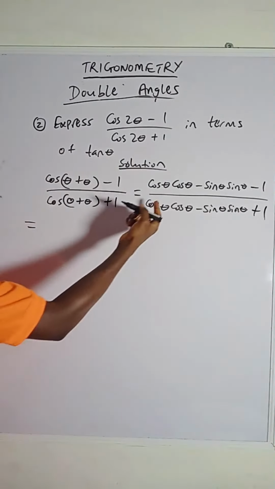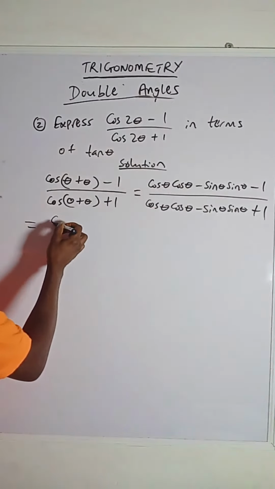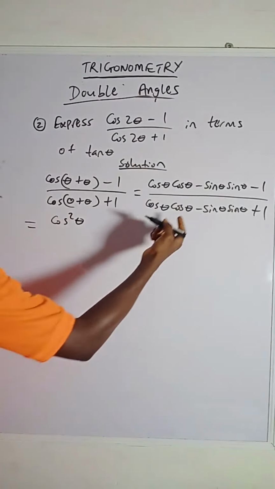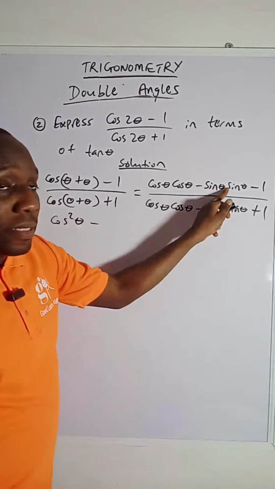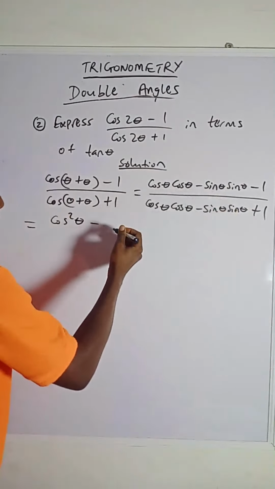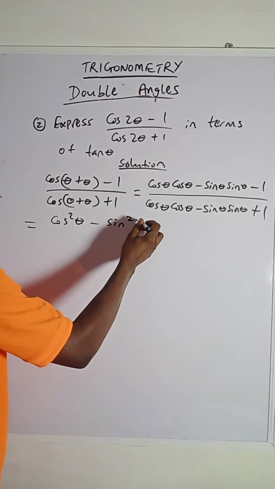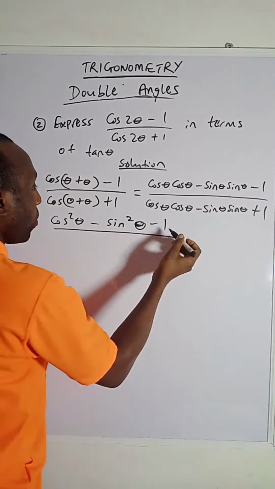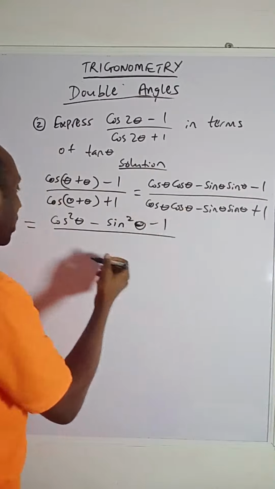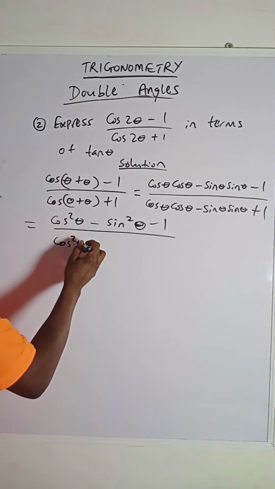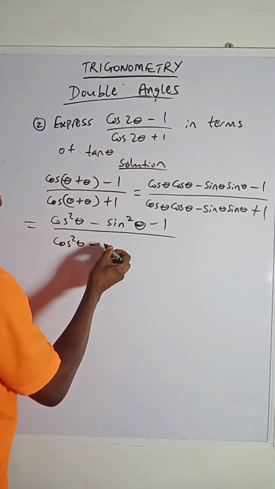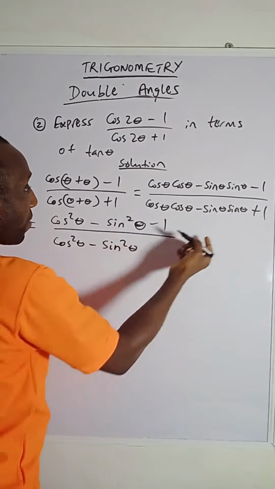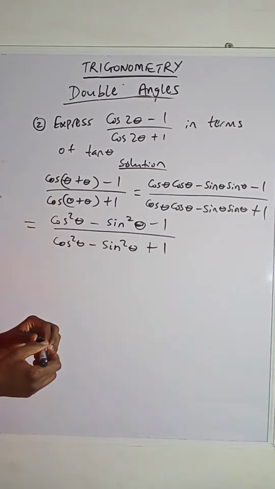So this is equal to cos theta is what? Cos square theta. Then sin theta is sin square theta, minus 1, all divided by cos theta, which is cos square theta minus sin square theta, just as we have here, then plus 1. Making progress, right?